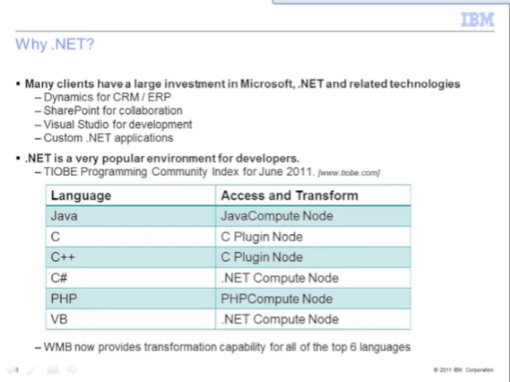So if we look at the table at the bottom of this chart, we can see that for the 6 languages listed, we have a way to access that language using one of the compute type nodes in the Message Broker product. So you can access Java through the Java compute node, C and C++ through the C plugin nodes, PHP through the PHP compute node, and now with the version 8 product, you can access C# and VB through the .NET compute node.